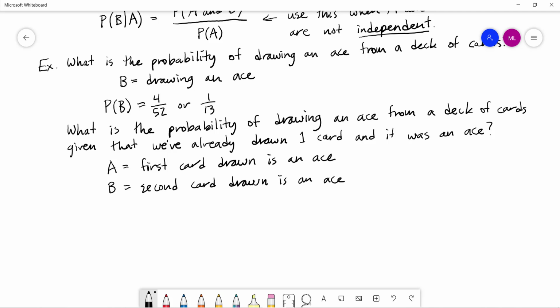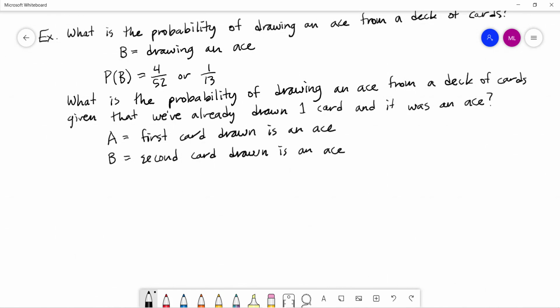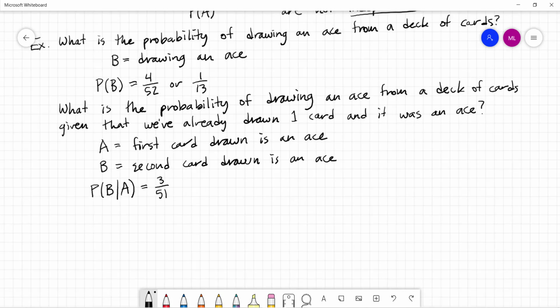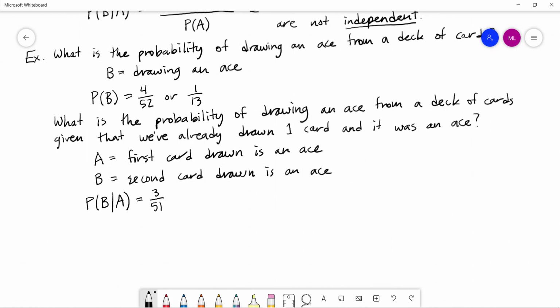By the time we get to the second one, assuming the first card was an ace, there's only 3 aces left, and only 51 cards left. So the probability of B given A is going to be 3 out of 51. So it changes the probability, and you can simplify this down to a 1 in 17 chance.